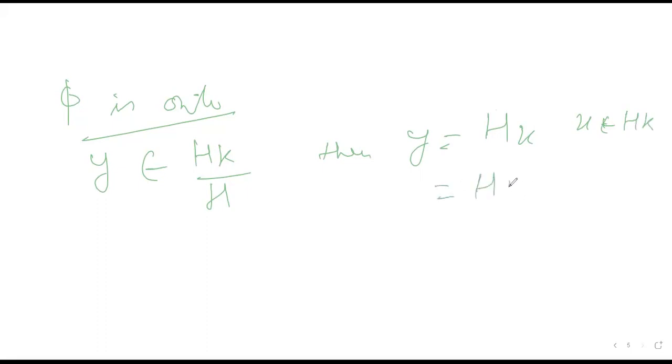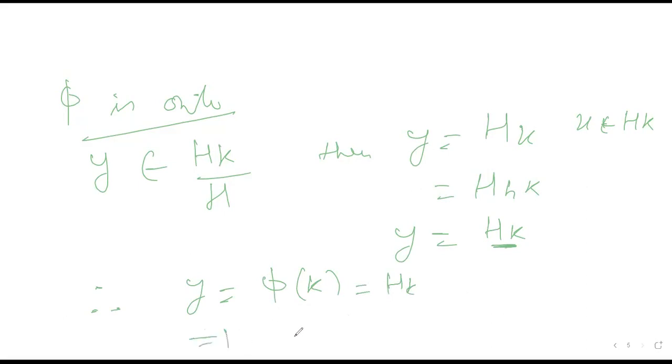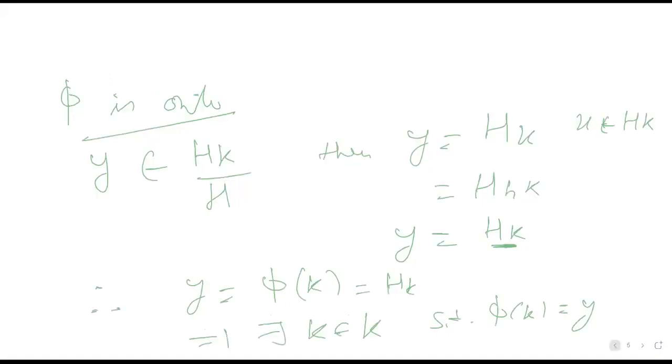Therefore, it is equal to some small h, small k. This means y equals H k. Therefore, y equals phi of k, because this is H k, right? And this is phi of k equal to H k. Hence, there exists k belonging to K such that phi of k equals y. Therefore, phi is onto. Okay, so we didn't prove anything. We just wrote statements, nothing else.